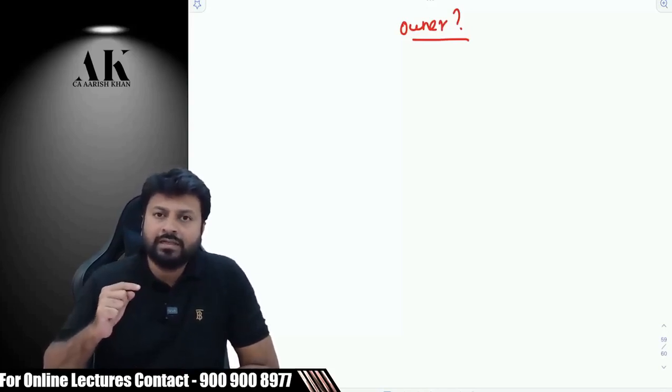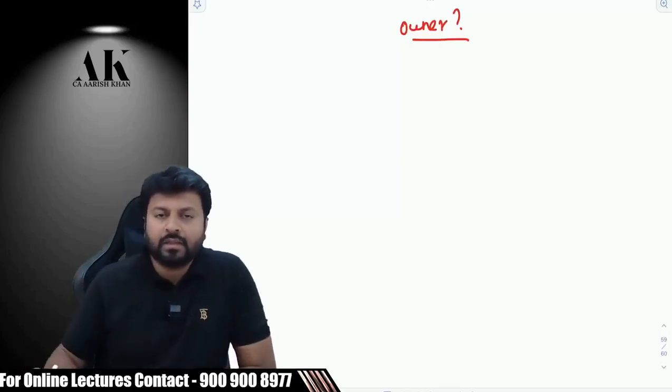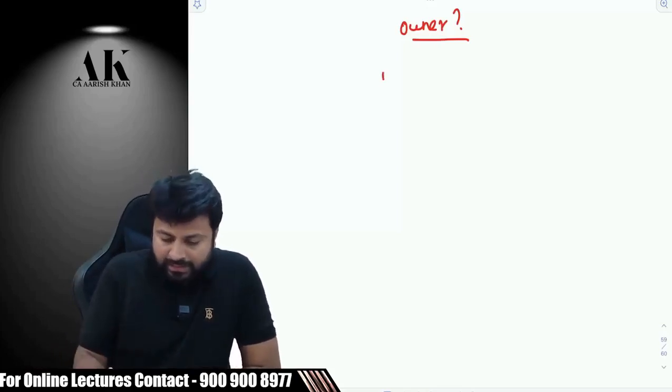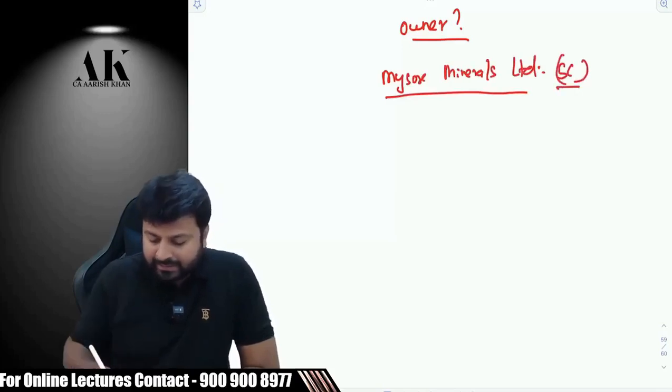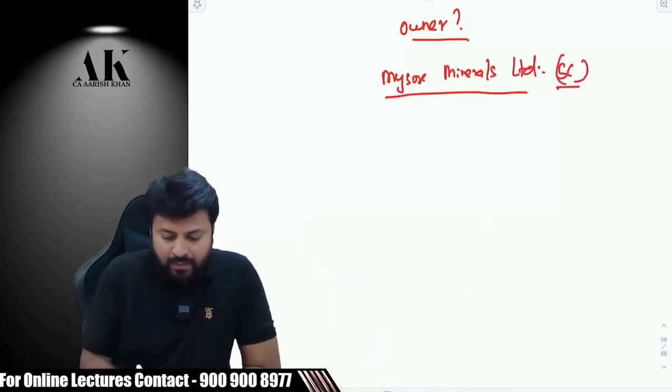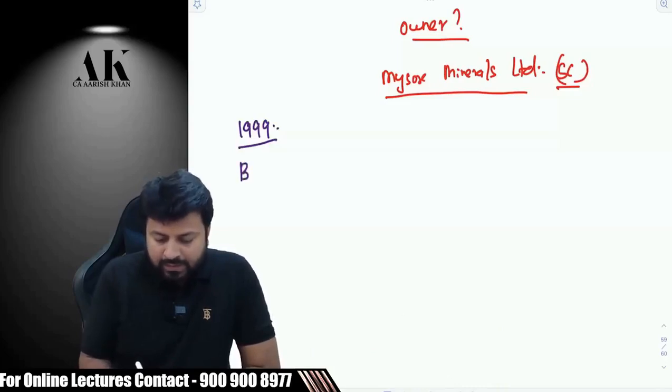So how to define the term owner under the income tax law? It is not defined. And therefore, there was one issue which came up in front of the Supreme Court in 1999 in the case of Mysore Minerals Limited. Now, what happened in this case? Pay attention, please. There was an assessee who bought a building.